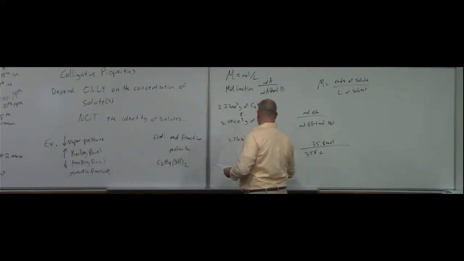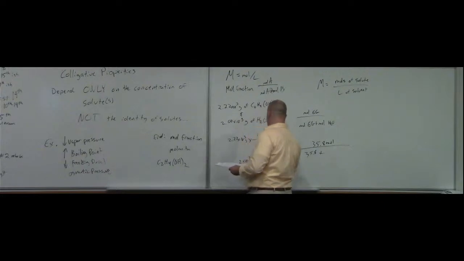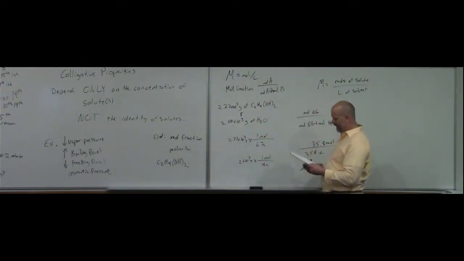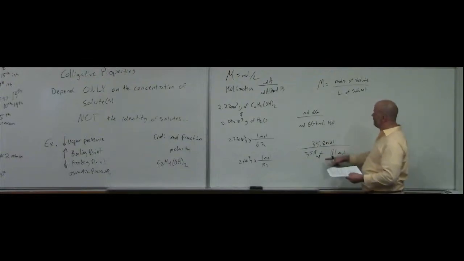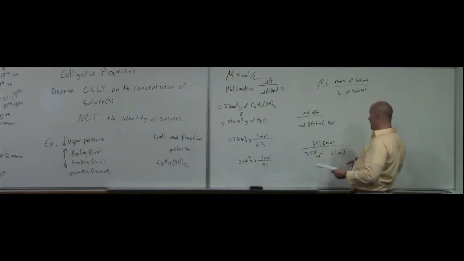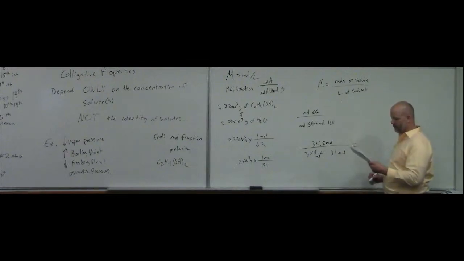And 1 mole of water is 18 grams, right? So I divide that by that, and that's going to give me 111 moles. So if I divide 35.8 by 35.8 plus 111, run those numbers.